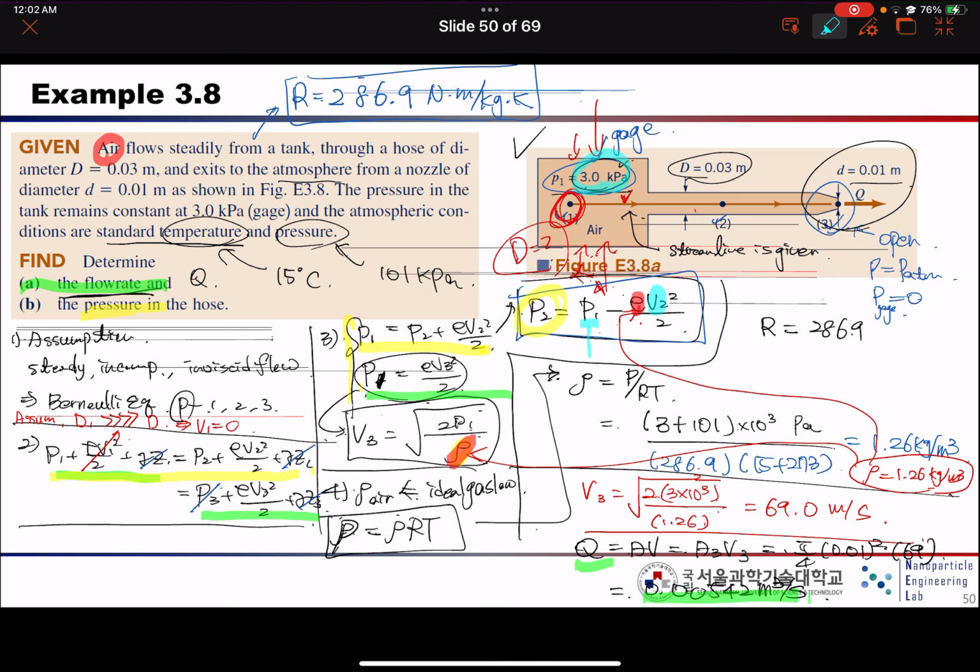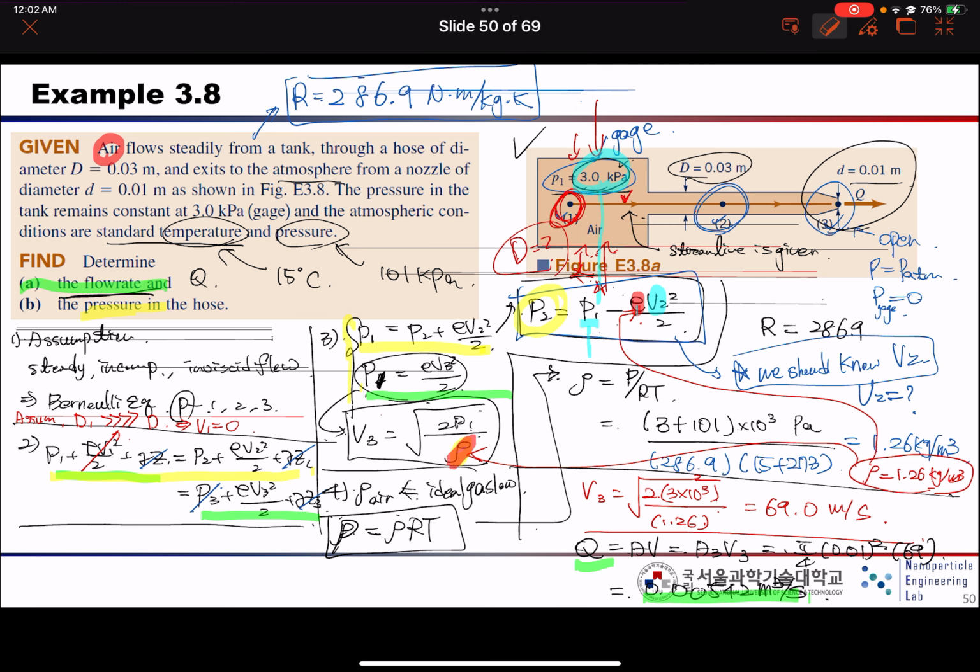P1 is given as 3. So rho we should know. So we should know V2. So how do we calculate V2?